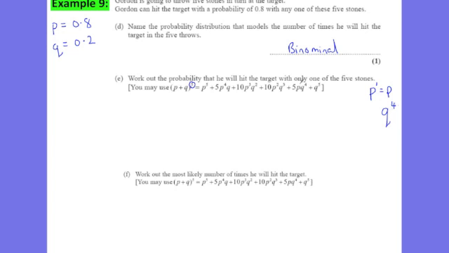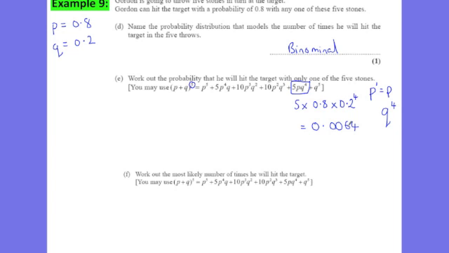So, which part of the binomial expansion are we interested in? Hitting once, P, missing 4 times. This part here. So we have 5 multiplied by 0.8 multiplied by 0.2 to the power 4, which gives us the probability of 0.0064, the probability of hitting the target with only one of the 5 stones.